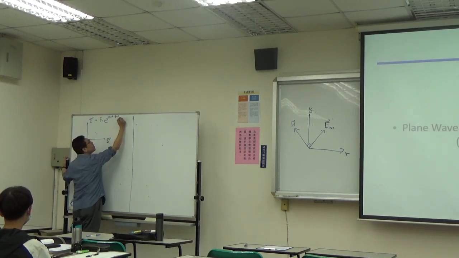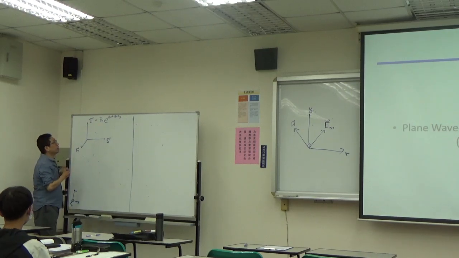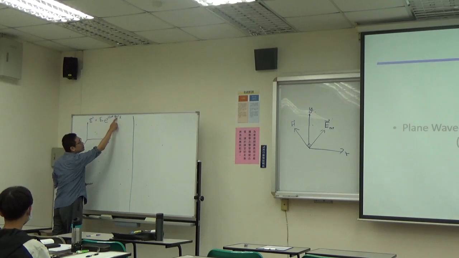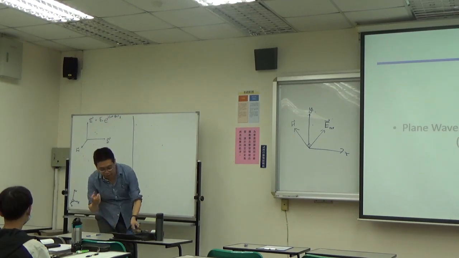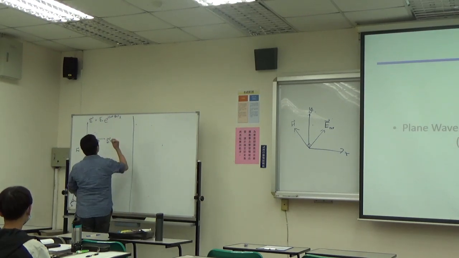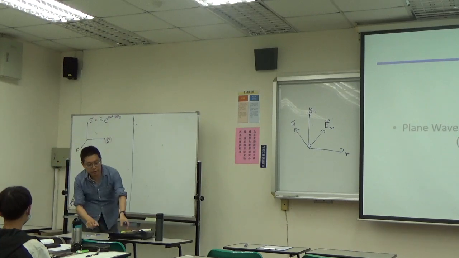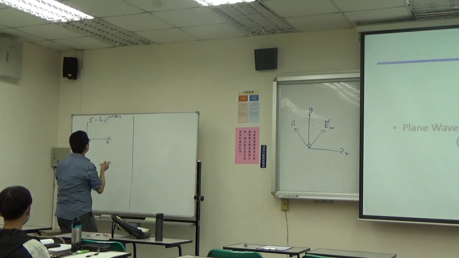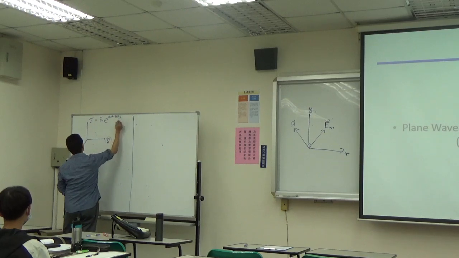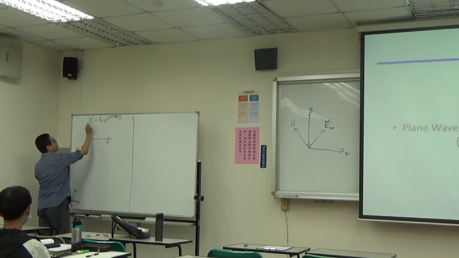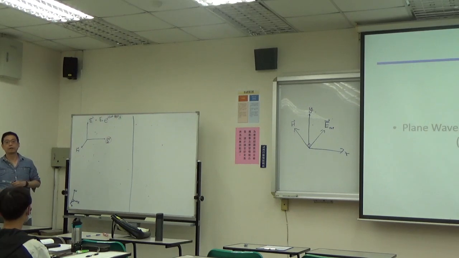And then the direction is the X direction. This is the direction of S. The key is that this is the direction of S, and the direction of E is the direction of E. Okay?